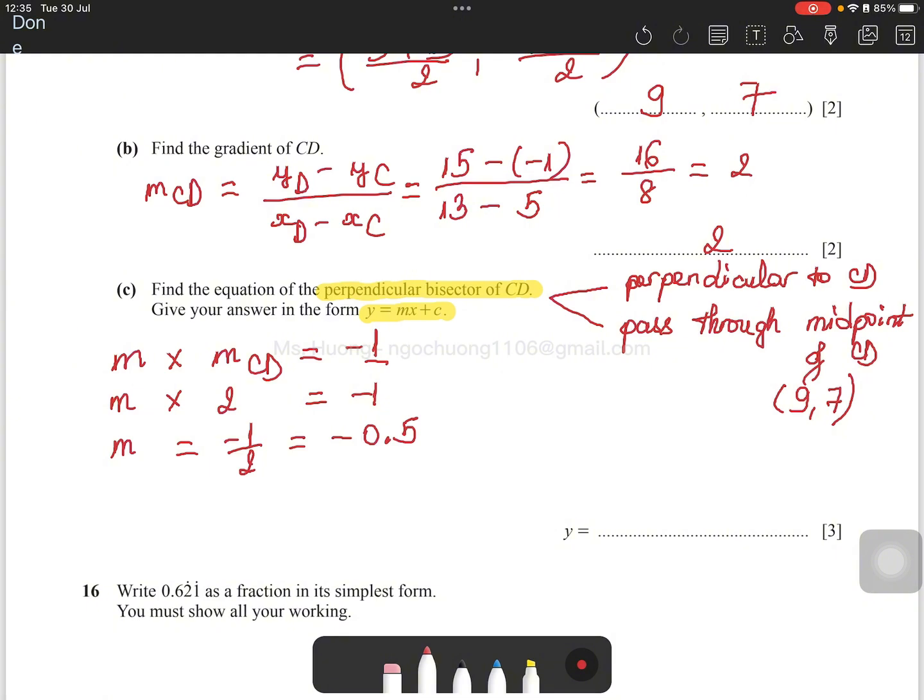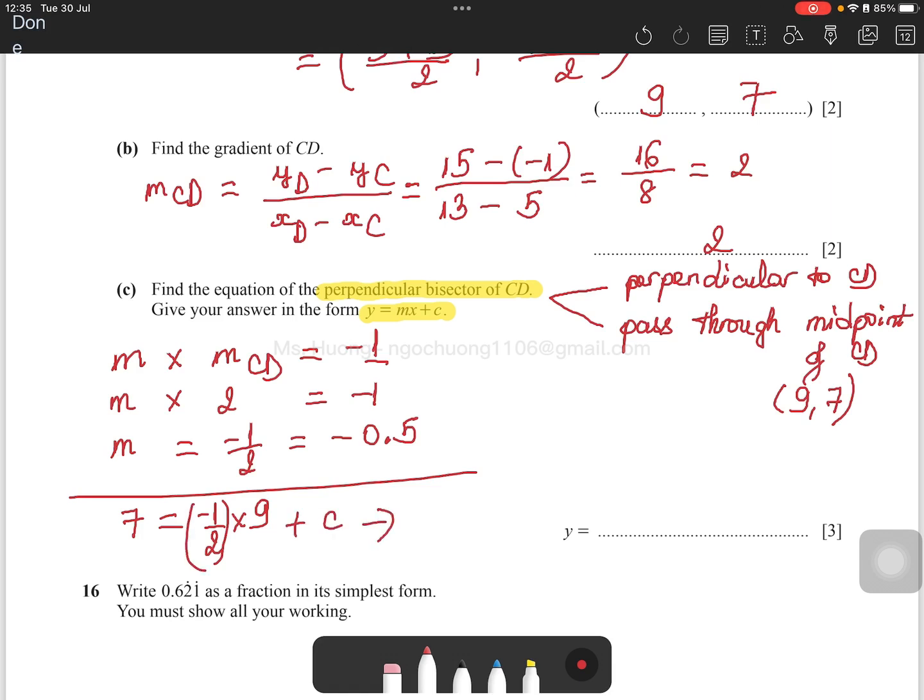In this case, y is 7, x is 9, and the gradient is negative 1/2, plus c.